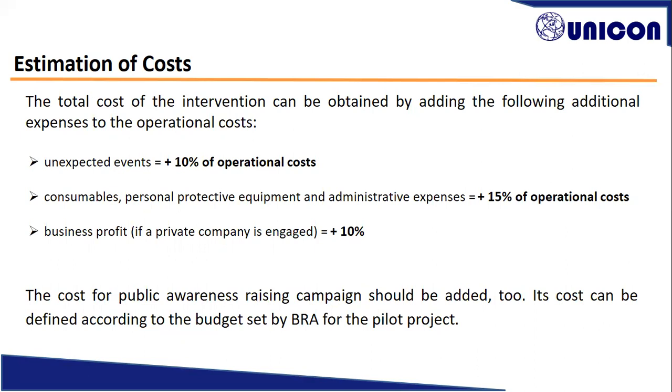Then, if a private company is engaged, an additional 10% can be conceived. At the same time, according to the budget set by BRA for the pilot project, the cost for public awareness raising campaign should be added too.